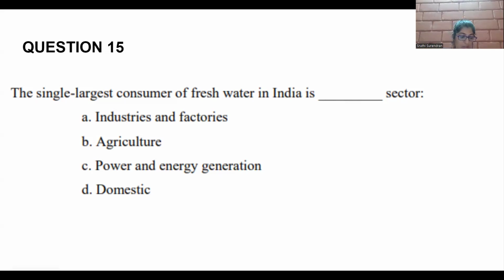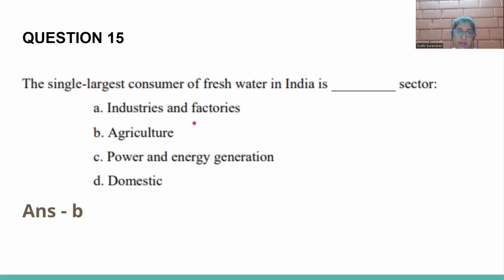Any more answers? Arif also says B. Shalini also says it's D. Puru says it's D. Okay, let's move on to the answer.